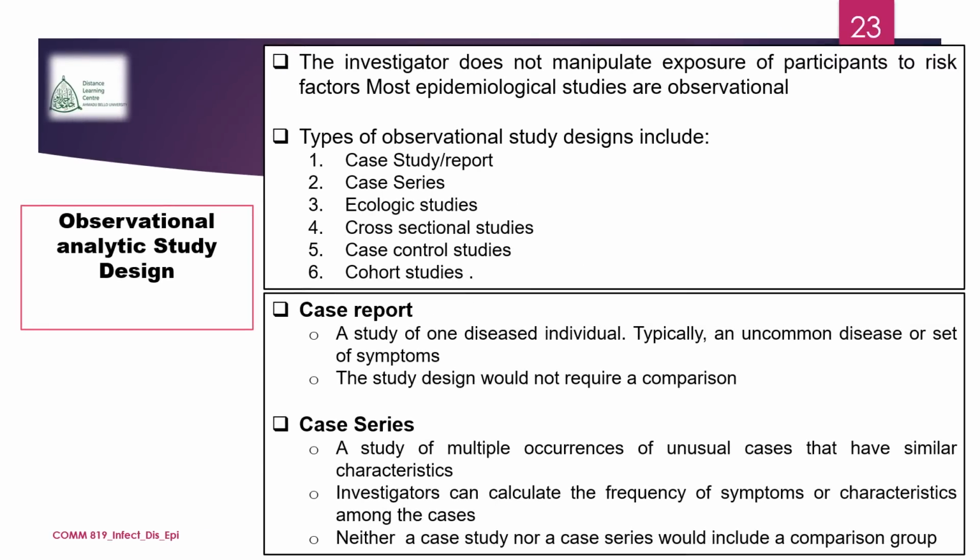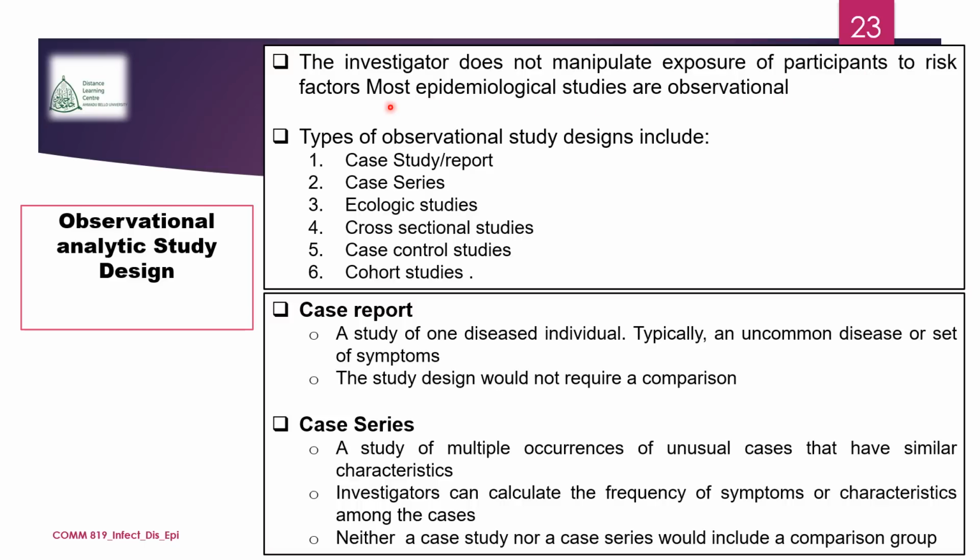All right. So having looked at all of the experimental analytic study designs, now let's look at the other type, which is the observational analytic study design. Here, for the observational, the investigator does not manipulate exposure of participants to risk factors.